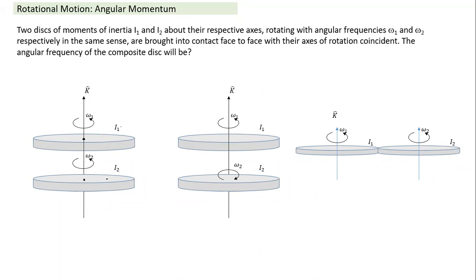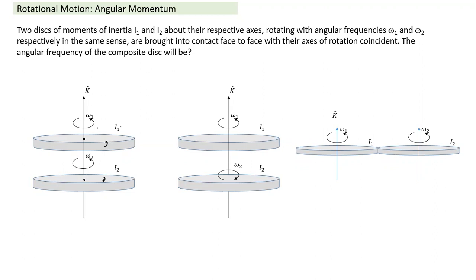Due to friction, torque will act, and whatever torque acts in one direction on one disc, the other will act in the opposite direction. If we take the two of them together as a system, the torque is due to internal forces. No external torque will act. So together as a system, angular momentum is conserved.